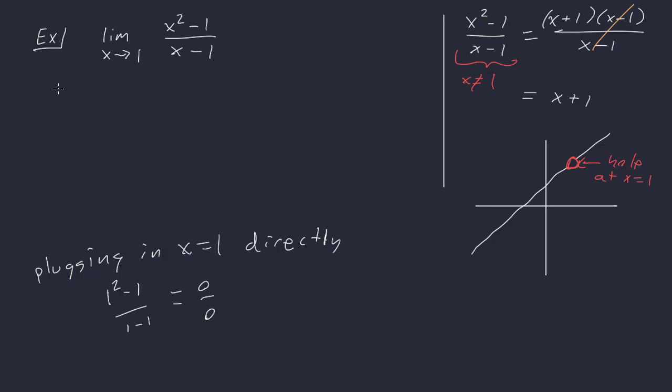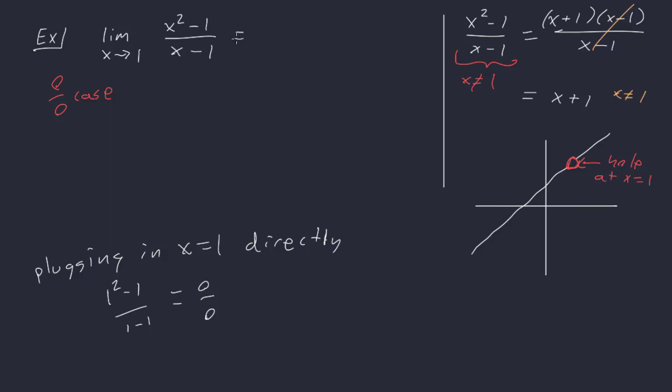So this is a 0 over 0 case. But we tackle it in exactly the same way as we used to, except we're being a little more mathematically mature. Because here, a lot of times we aren't specifying, as we should, that x can't equal 1. Over here, what we're actually talking about is a limit.